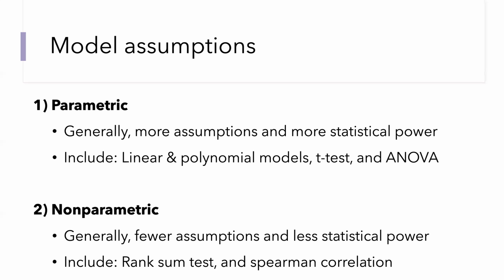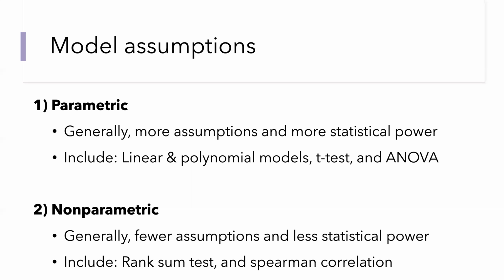When one has sufficient data, one can use a more data-driven approach that makes fewer assumptions by using non-parametric methods. They have less statistical power, which can be compensated for by having more data, and make fewer assumptions, which is good.